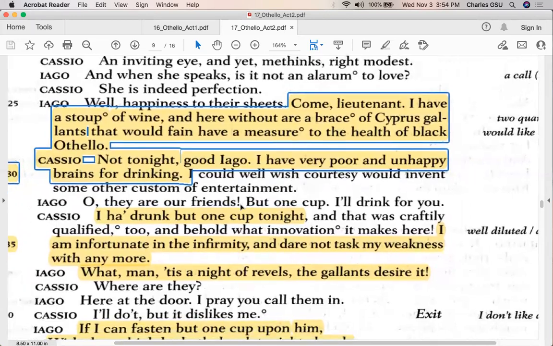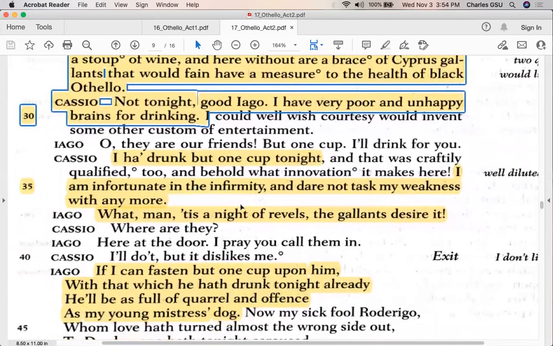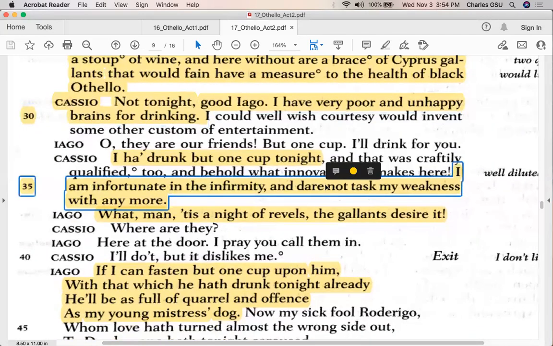And of course, Iago will just goad him into that even more. He says, I am unfortunate in the infirmity and dare not task my weakness with any more wine. And back then, wine would not have been the 10 to 12% it is today. It would have been undiluted and much stronger, around 20, 27%.